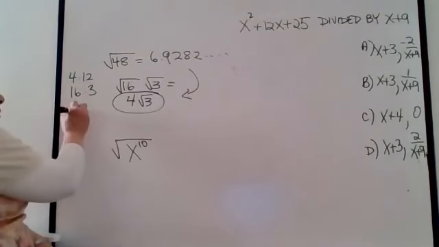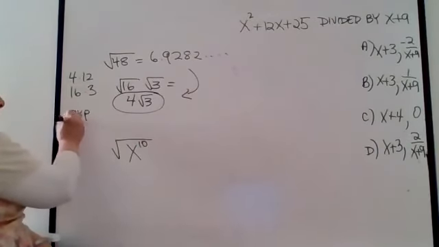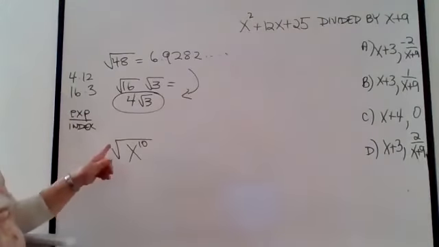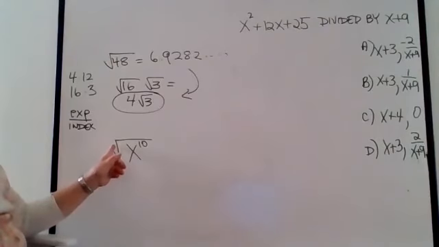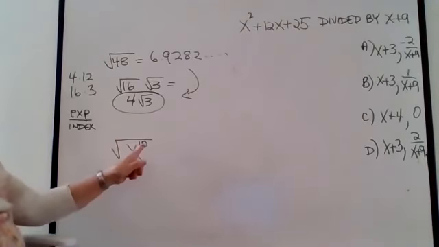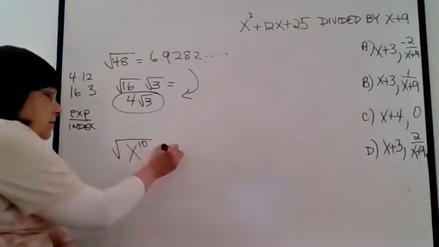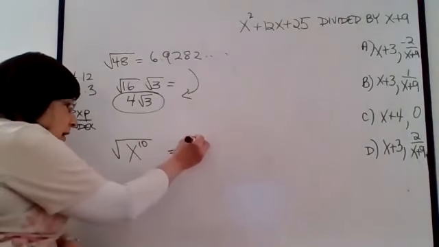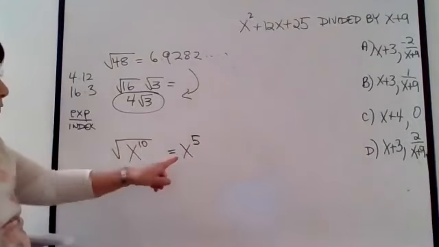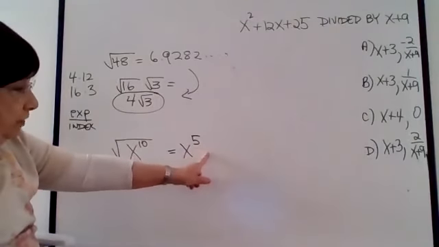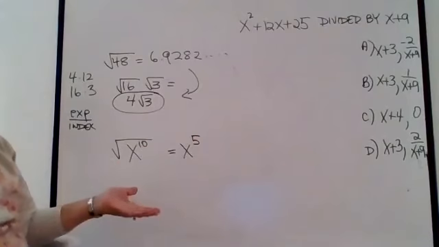Divide the exponent on top by the index on the bottom. Notice if no index is written in, then the index is understood to be 2. So this would be 10 divided by 2, which is 5. This is x to the 5th. And of course that makes sense because when you multiply x to the 5th by itself, you're going to get x to the 10th.